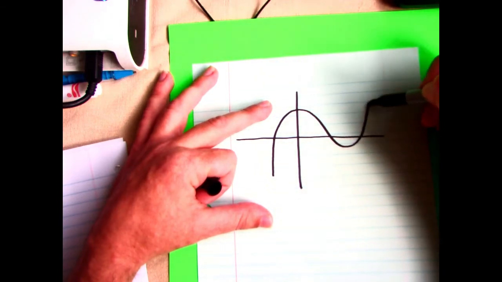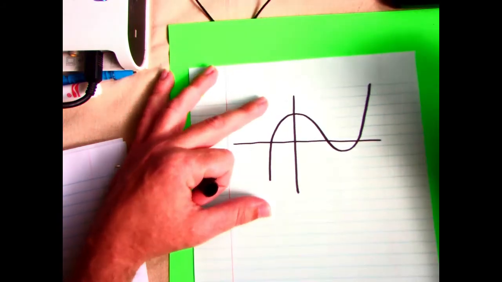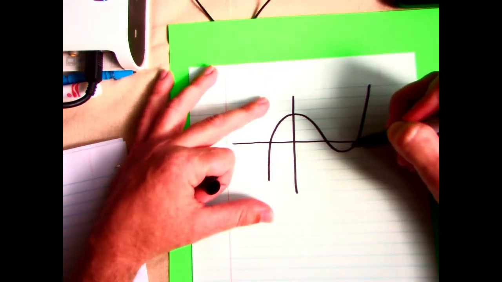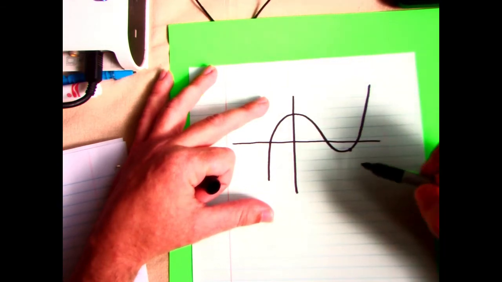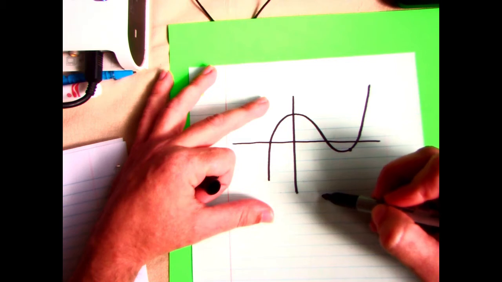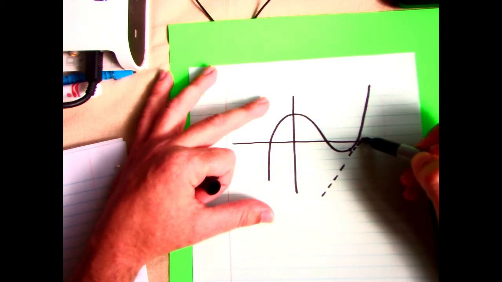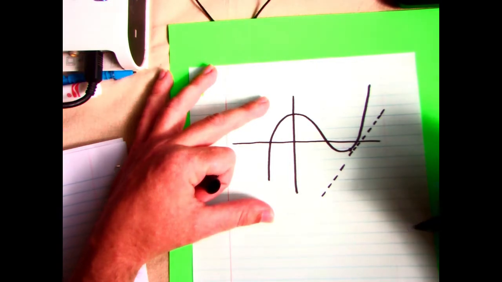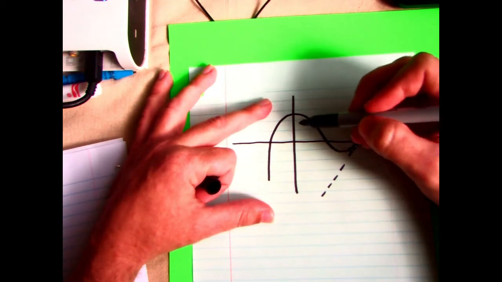To expand upon this idea, here is a rough sketch of a graph of a cubic. I'm going to draw a line of tangency to this cubic. So this is a linear line of tangency, a degree 1 approximation to the curve around that point of tangency.